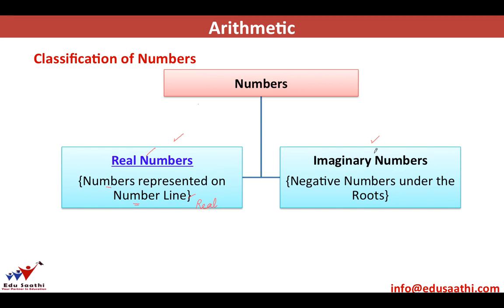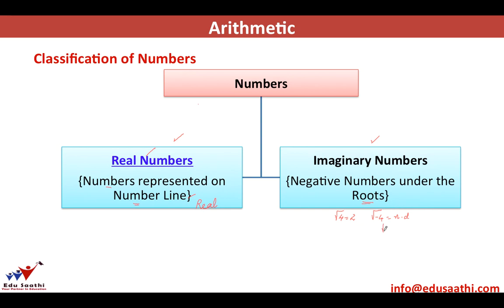And imaginary numbers are the numbers which cannot be represented on the number line, or the numbers whose square root or cube root or nth root is not possible. If I look at the square root of 4, it comes out to be 2. But the square root of minus 4 is not defined, or it is not possible.